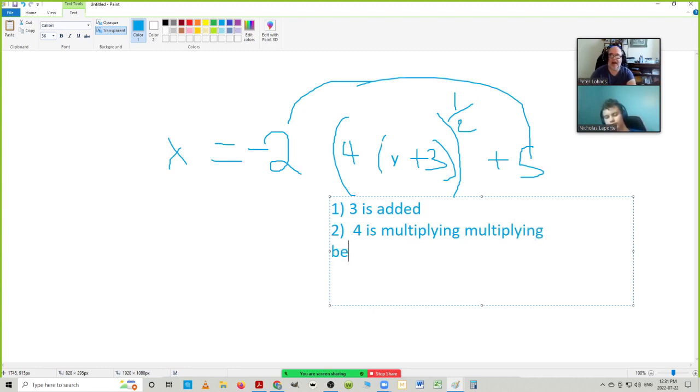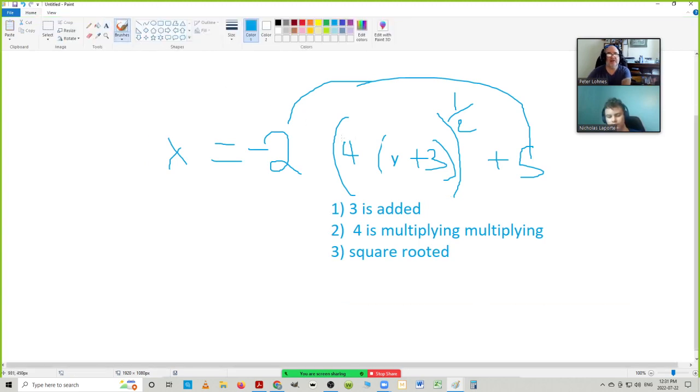In BEDMAS, what comes first? Well, we did all the brackets. Do I see an exponent? Yes, that square root is technically the exponent of a half, so everything is being square rooted.